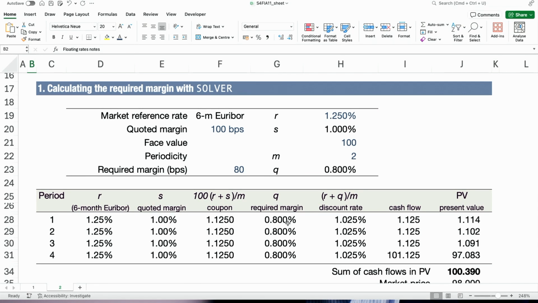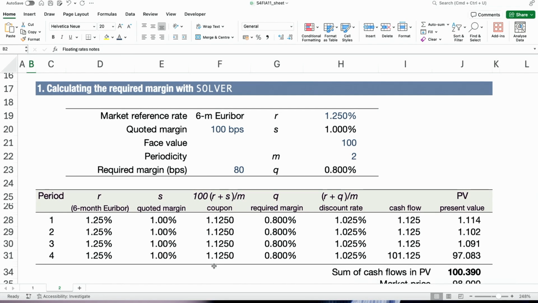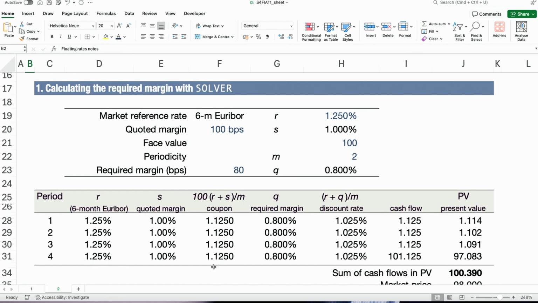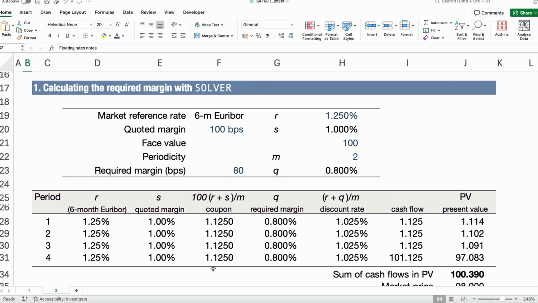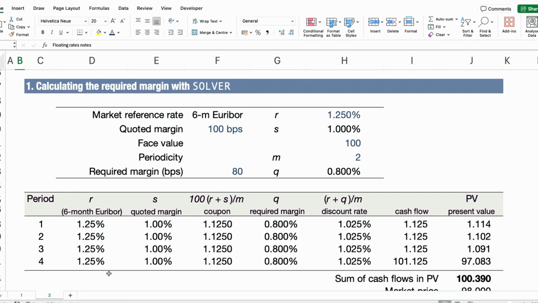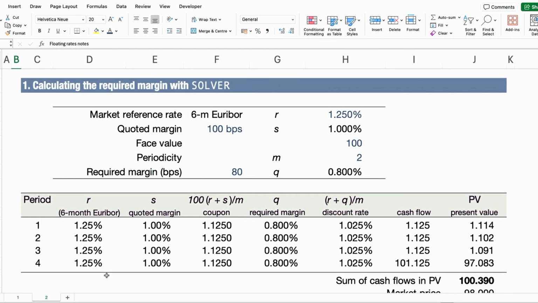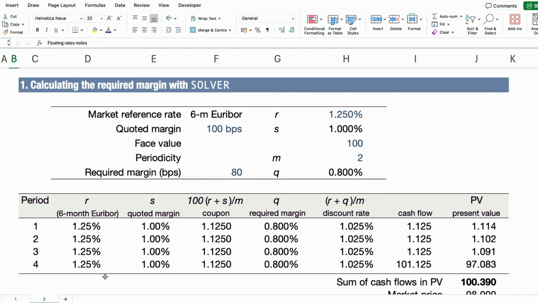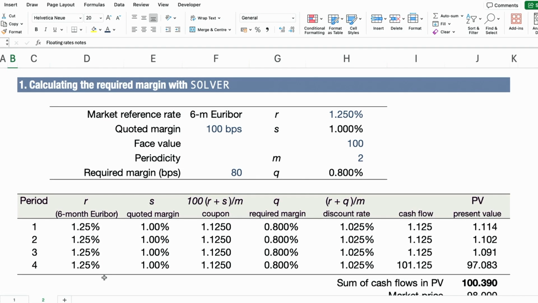Similarly, between coupon dates, its flat price will be at a premium or at a discount if the market reference rate, Euribor in this case, goes down or up respectively. But on coupon dates, the floating rate note will be priced at par if the credit risk has remained unchanged.